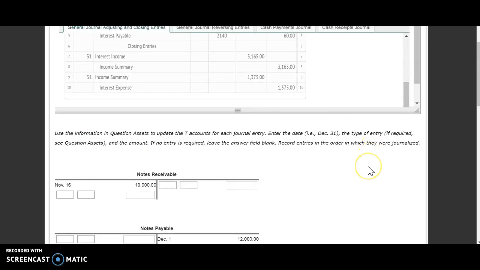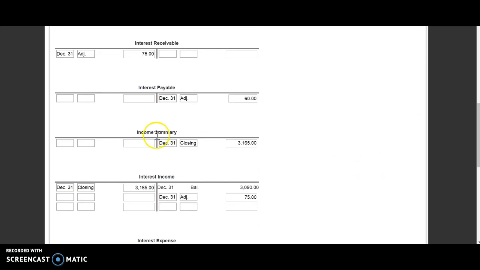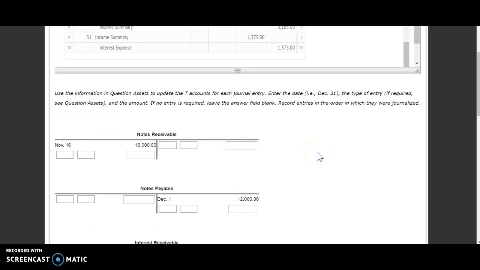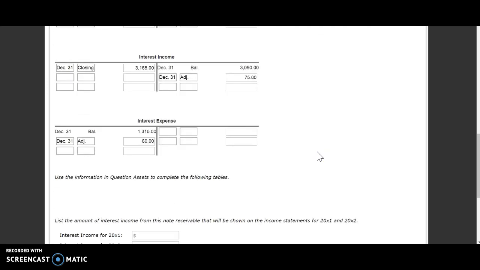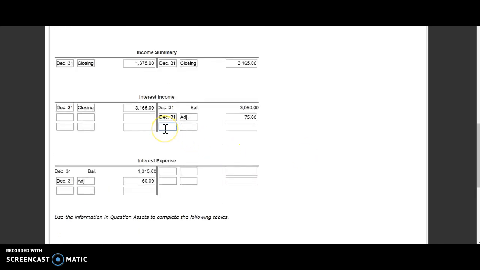Next one, I have a debit to income summary. December 31st, another closing entry, and this time it was a debit of $1,375. And I had a credit for interest income. December 31st, closing entry, and a credit of $1,375.